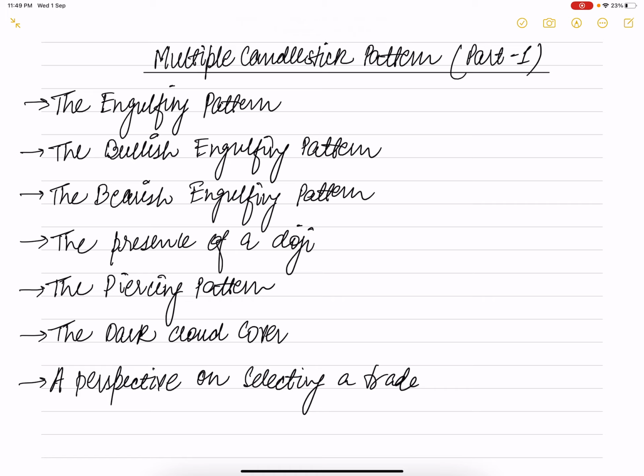P2's blue candle completely engulfs the P1 red candle. A risk taker initiates a long trade at the close of P2 after ensuring P1 and P2 together form a bullish engulfing pattern. A risk averse trader will initiate the trade on the day after P2 near the close of the day. The stop loss of the bullish engulfing pattern is the lowest low between P1 and P2.